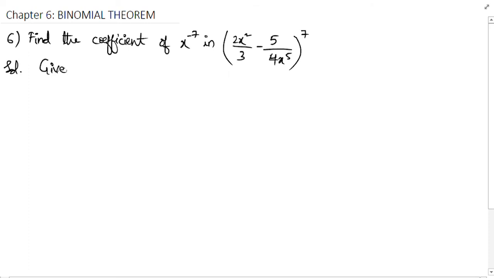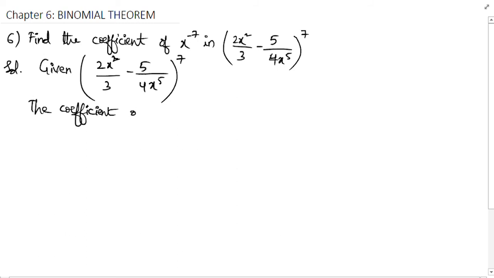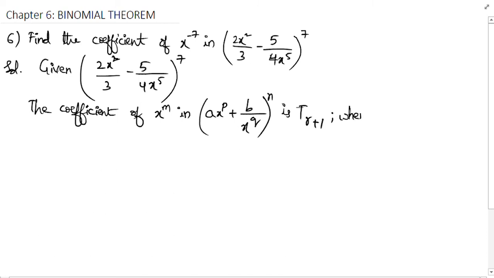So given that (2x square divided by 3 minus 5 divided by 4x power 5) the whole power 7, the coefficient of x power m in (ax power p plus b by x power q) the whole power n is T(r plus 1), where r is equal to (np minus m) divided by (p plus q).